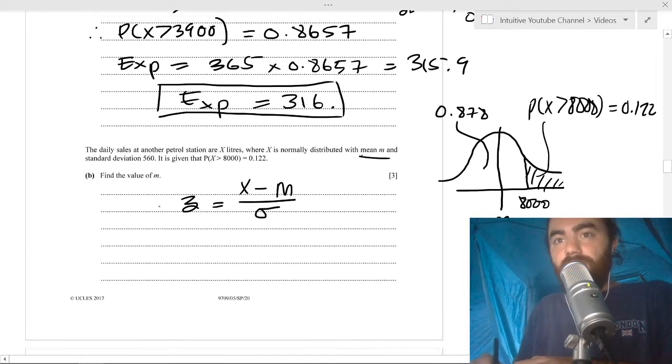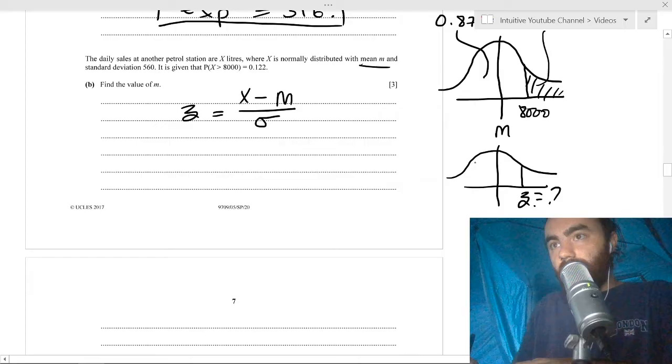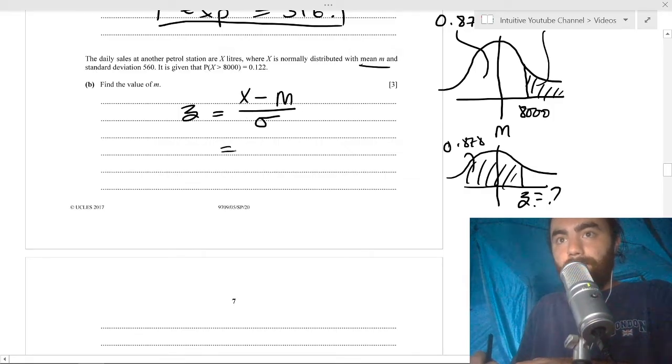So if we can find the Z value corresponding to this X value by looking on the graph, what we want to find is the Z value which gives an area of 0.878, because that's the Z value which equals this over the standard deviation of 560.